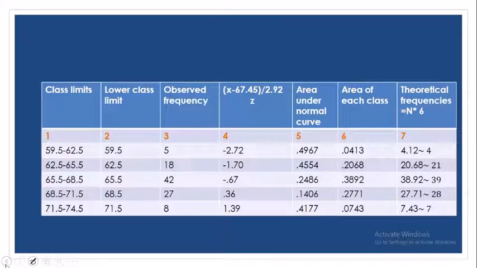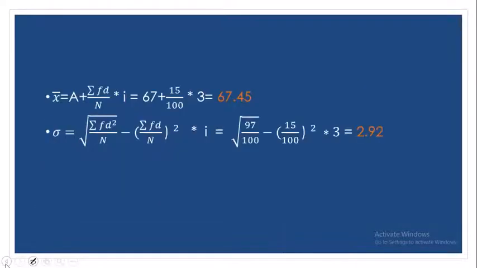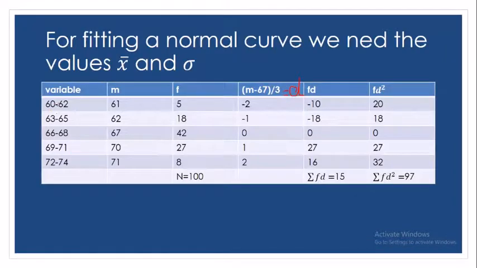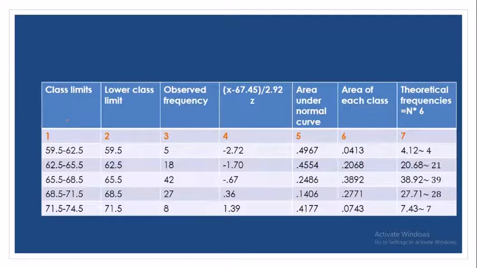In the question it was an inclusive class, so I converted it into an exclusive class by reducing 0.5 and adding 0.5. This will make your calculation easier. That is why I made an adjustment like this in the first column.